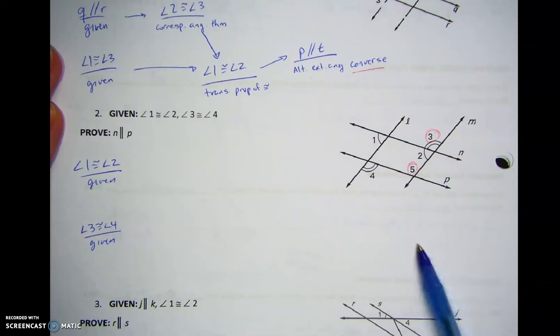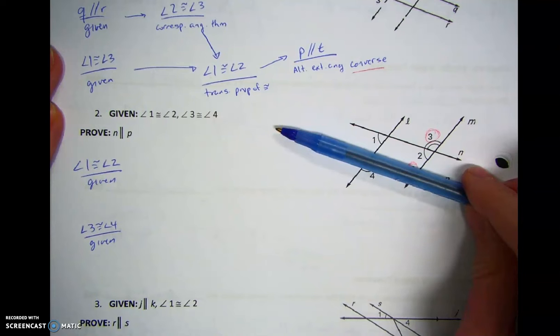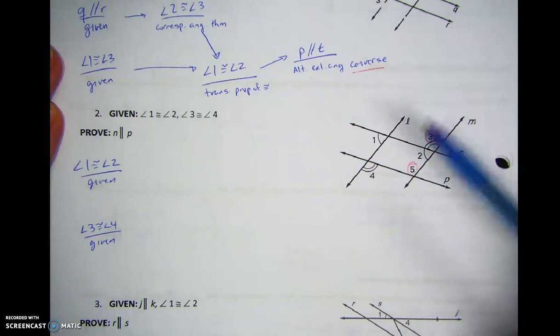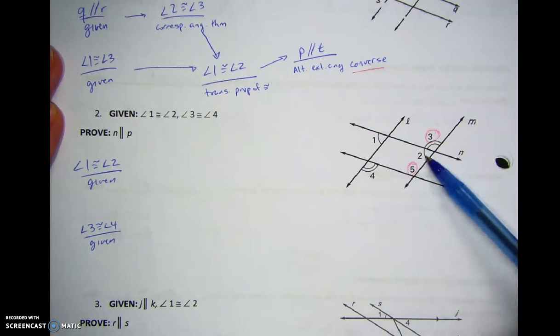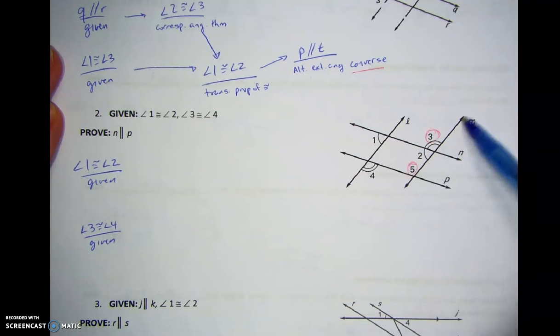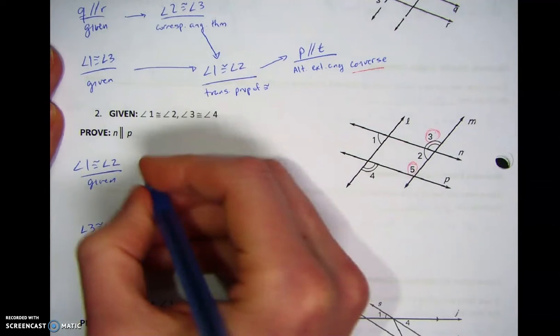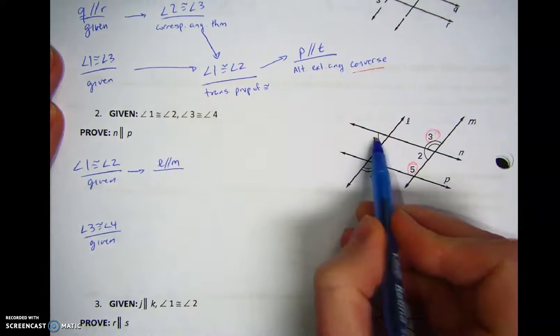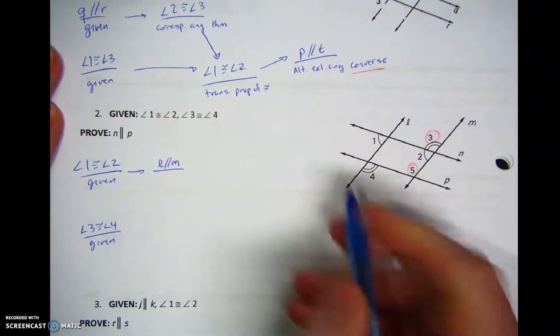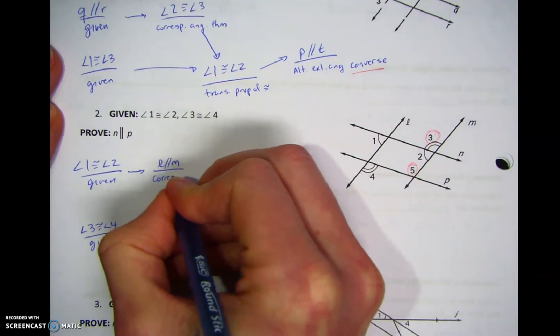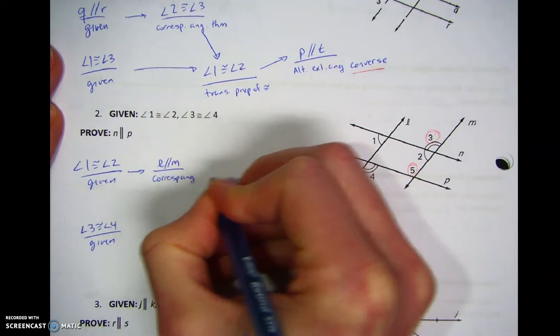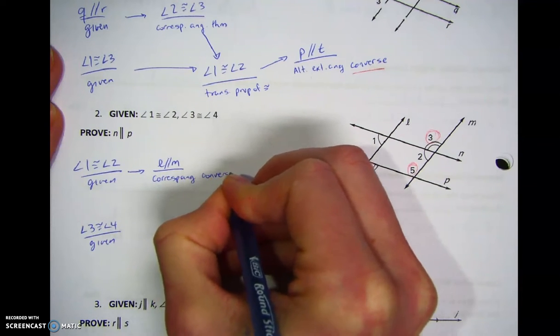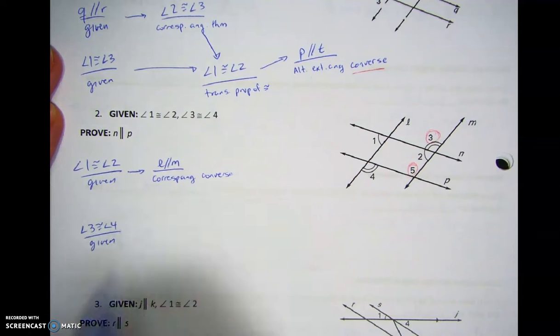Angles 1 and 2 are corresponding angles along the transversal of n, which means right away we can say 1 and 2 are congruent. They're corresponding angles. That tells us that L and M must be parallel. Why? This would be the corresponding angles converse. Corresponding angles are congruent, so the lines must be parallel.